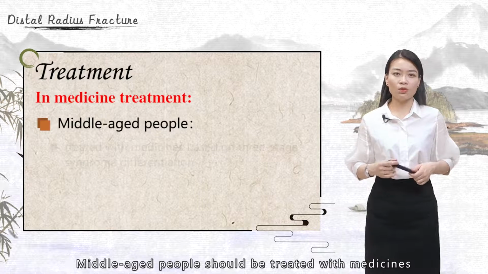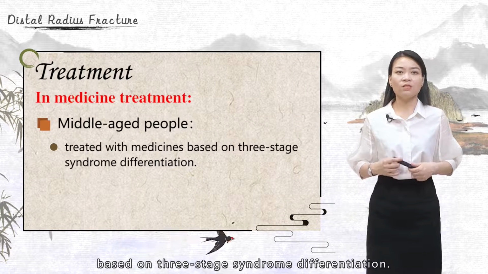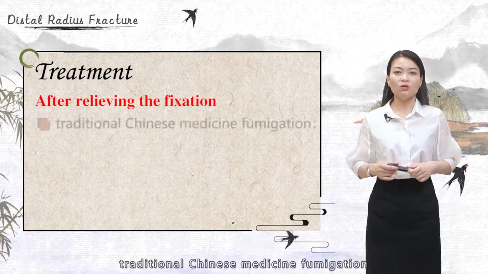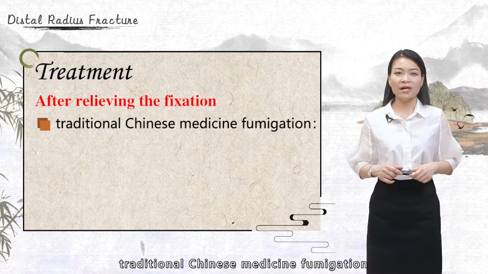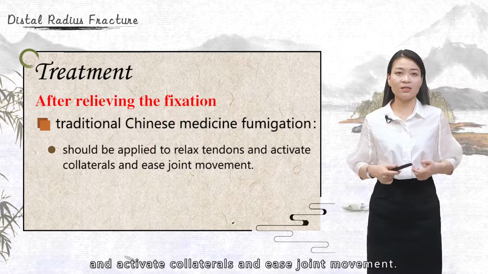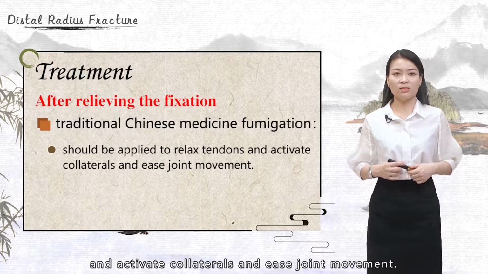Middle-aged people should be treated with medicines based on 3-stage syndrome differentiation. After the fixation is relieved, traditional Chinese medicine fumigation should be applied to relax tendons, activate collaterals and ease joint movement.